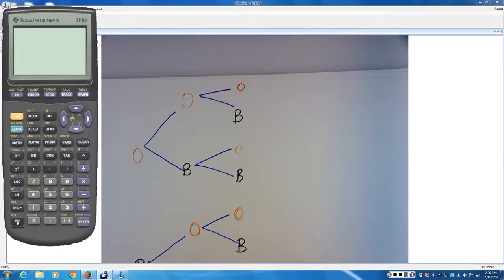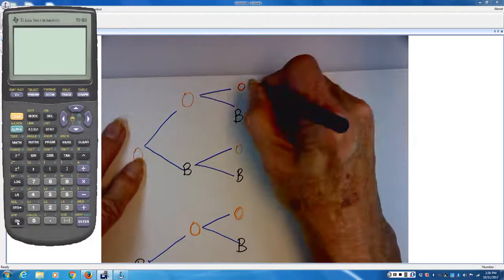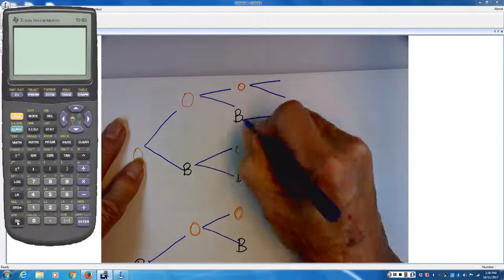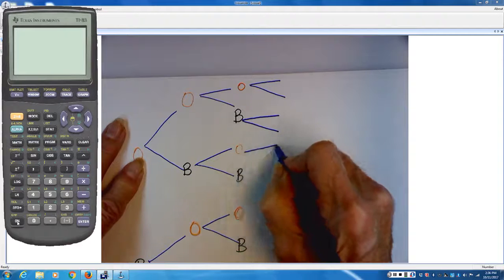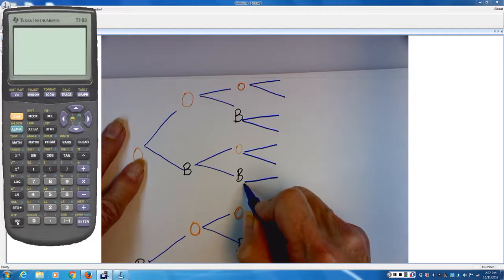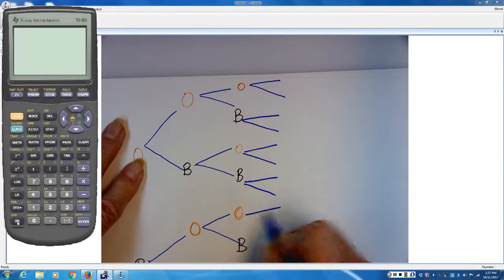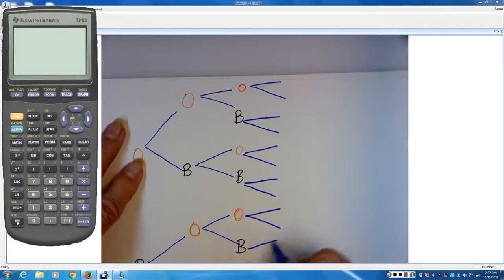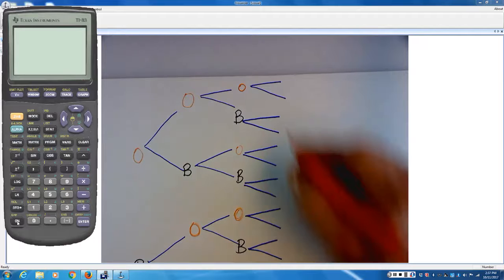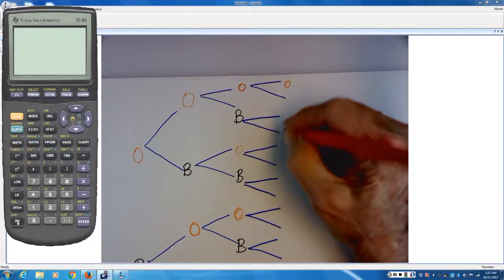Then I pick again. And the first one might be orange.